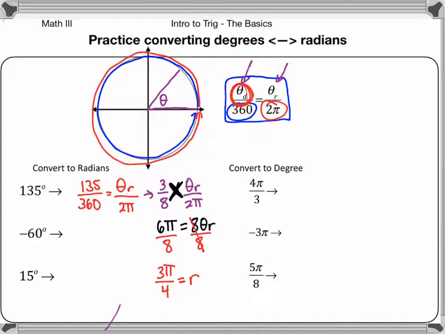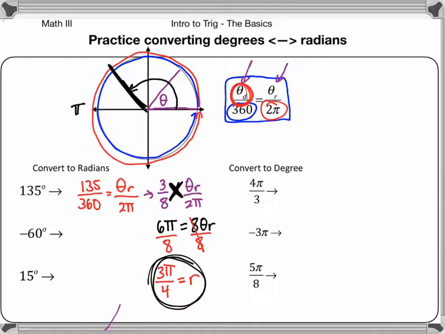And so 135 degrees equals 3 pi over 4 radians. Just to show you, about 135 degrees is going to be right here, and 3/4 of the way to pi is going to be the same radial measure.